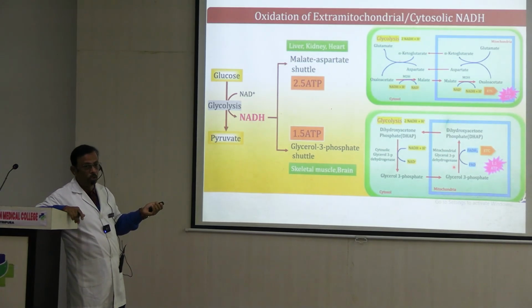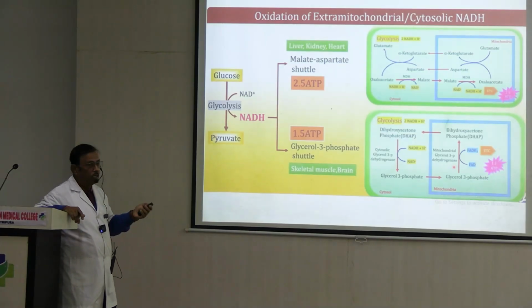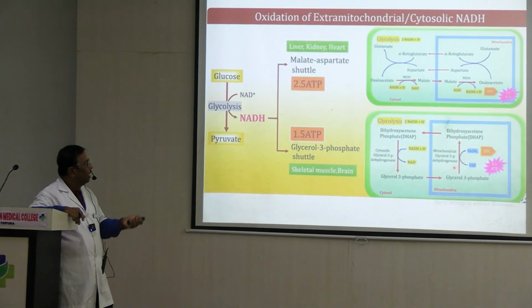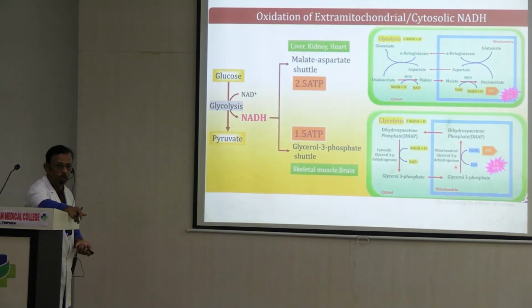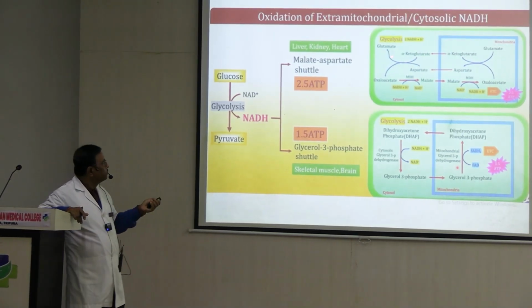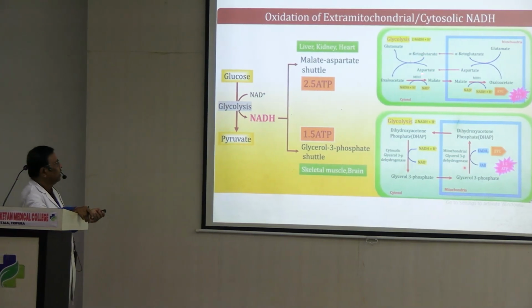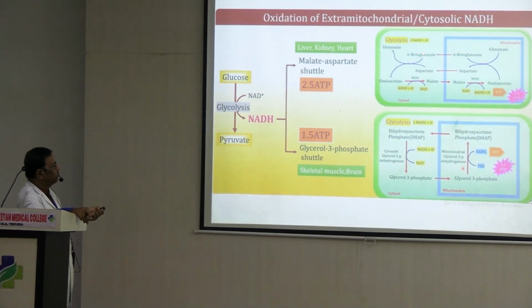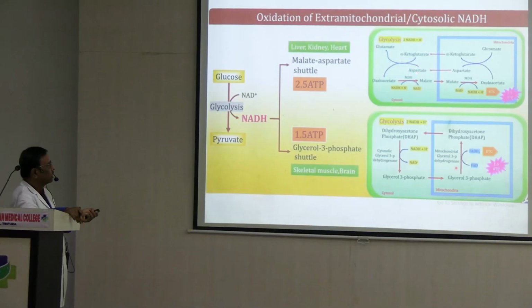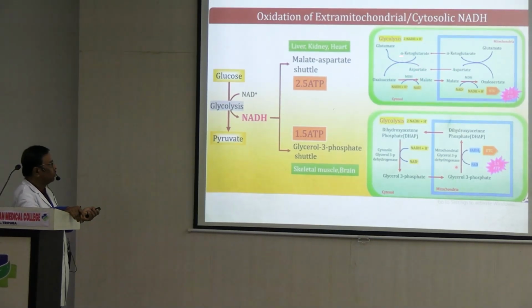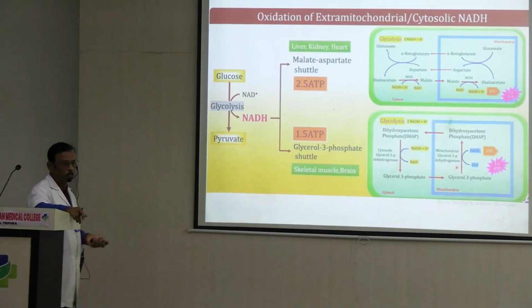Alpha-ketoglutarate is a keto acid and aspartate is an amino acid. Both of them can cross the mitochondrial membrane and come out to the cytosol. Here again, they take part in transamination reactions, and aspartate is converted into oxaloacetate so that the cycle can continue, and alpha-ketoglutarate is converted again into glutamate.